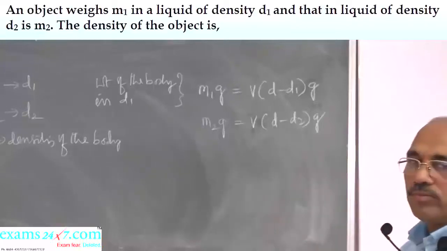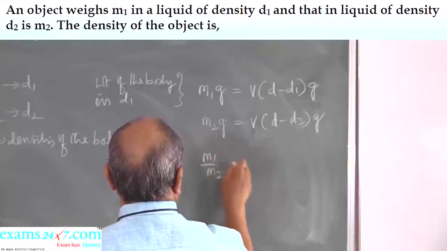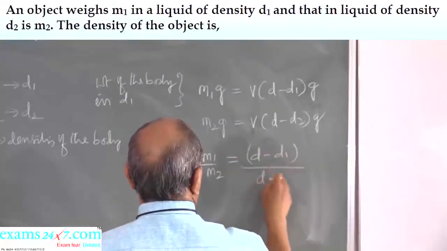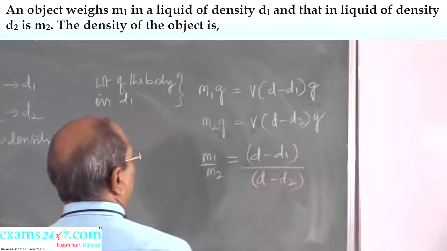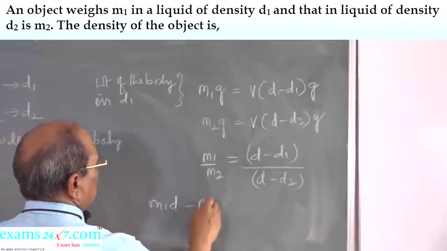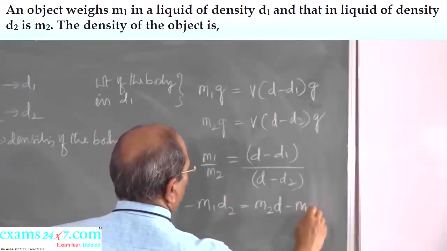We can take the ratio. m1 by m2 is equal to (d minus d1) by (d minus d2). Or m1 d minus m1 d2 is equal to m2 d minus m2 d1.